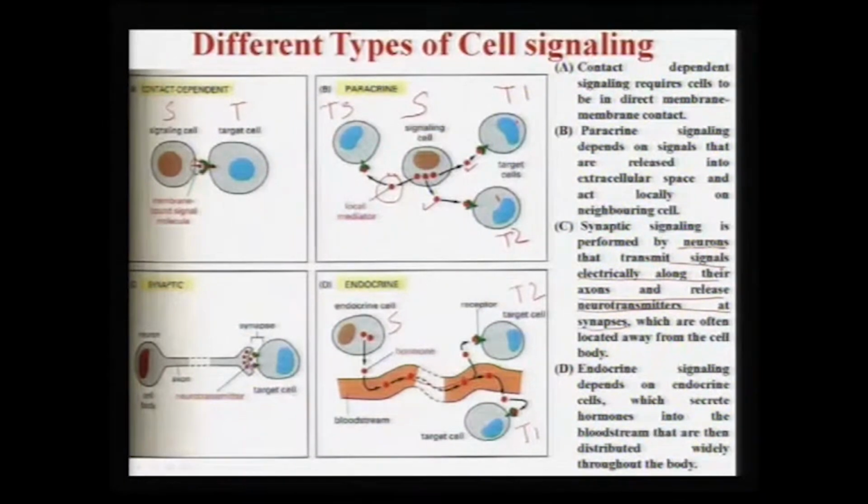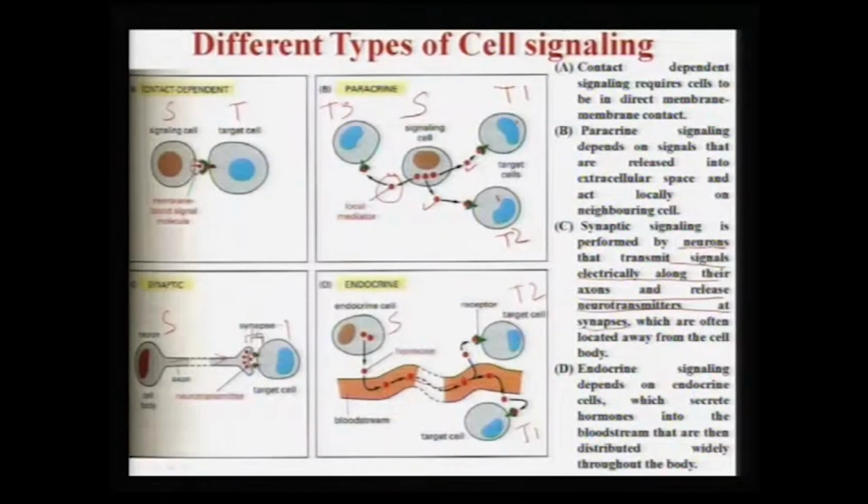Here you can see these are synapses, and at these synapses there is a neurotransmitter. These signals are transported electrically and then go to another target cell. This is your source cell and this is your target cell T. So, from S to T, through the neurotransmitter, this signal is transported.